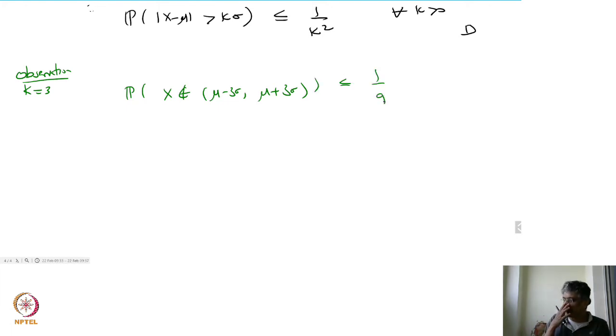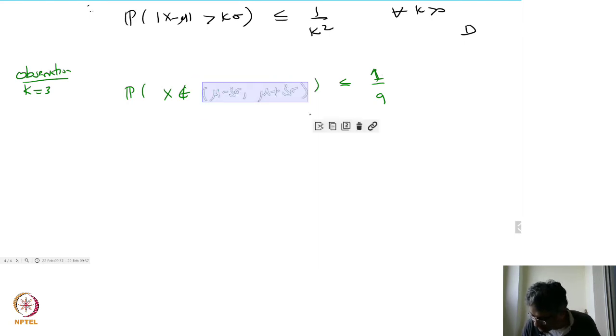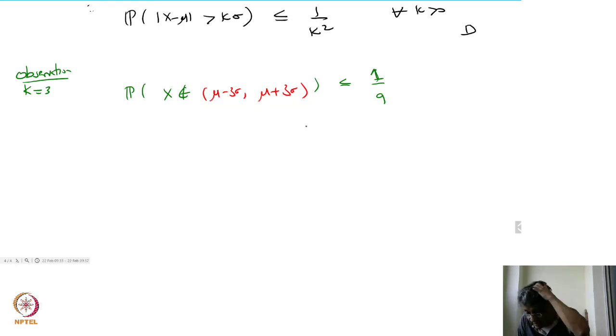So 1 over 9 is how much? It's quite small, right? It's a small probability. So around 10 to 15% chance of finding X outside this interval. Depending on how good a probabilist or statistician you are, mu minus 3 sigma to mu plus 3 sigma is kind of the range of X. After this, it's kind of small.